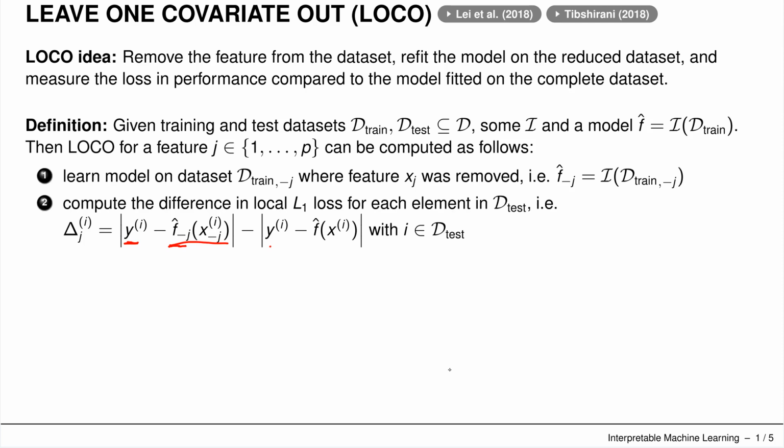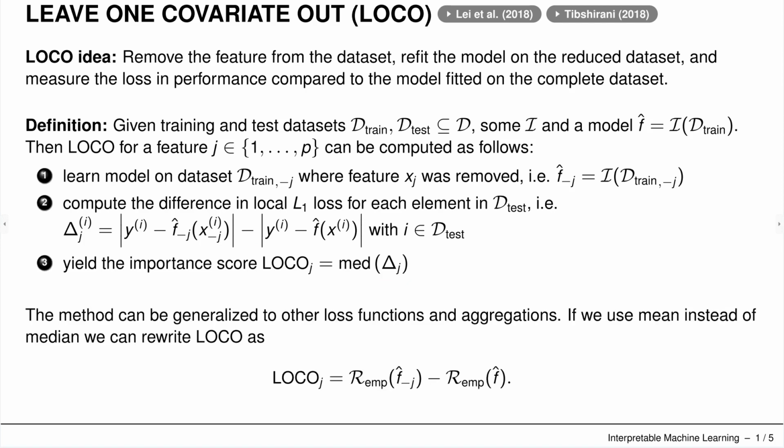And we do that again for our original model, and we take the difference and call that delta Ji. So J for the feature J and I for observation I of the test data. And the importance score LOCO J is now just the median of the delta vector for feature J.